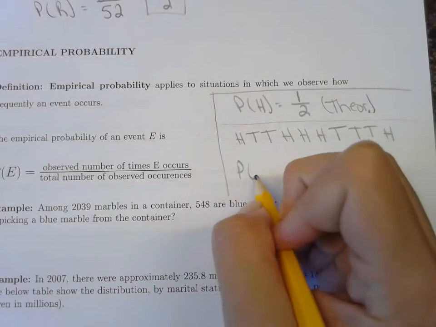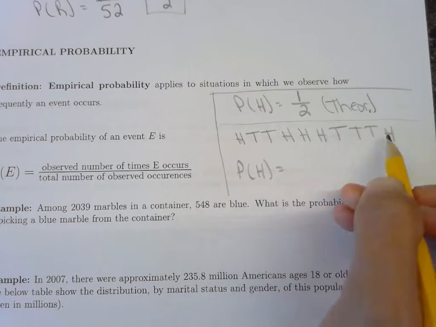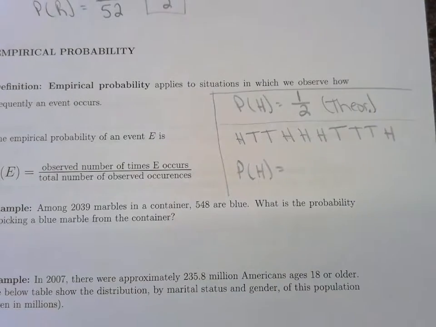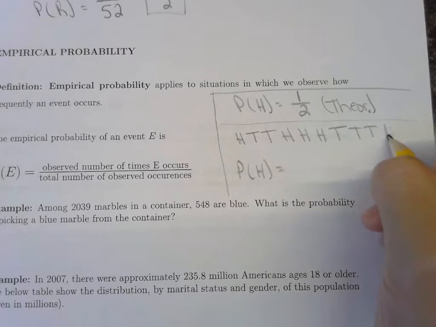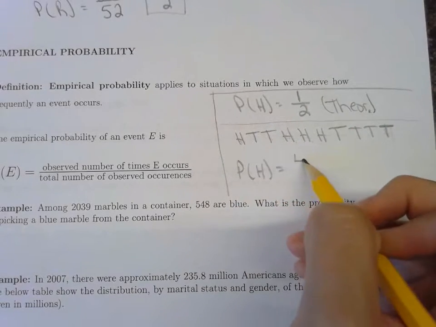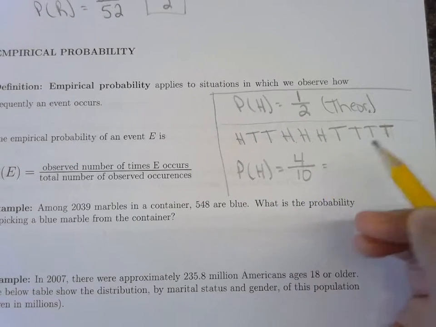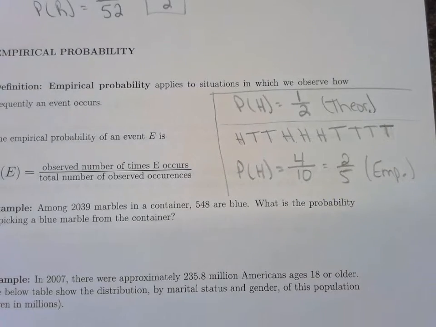Then the empirical probability of getting heads would be 1, 2, 3, 4, 5. Actually, let's change this last one to tails, just because this doesn't always happen in real life. So the empirical probability would be 4 heads out of 10, which is 2/5, which isn't quite 1/2. So this would be empirical probability. This is actually going out and collecting the data yourself, and this is the raw data probability.